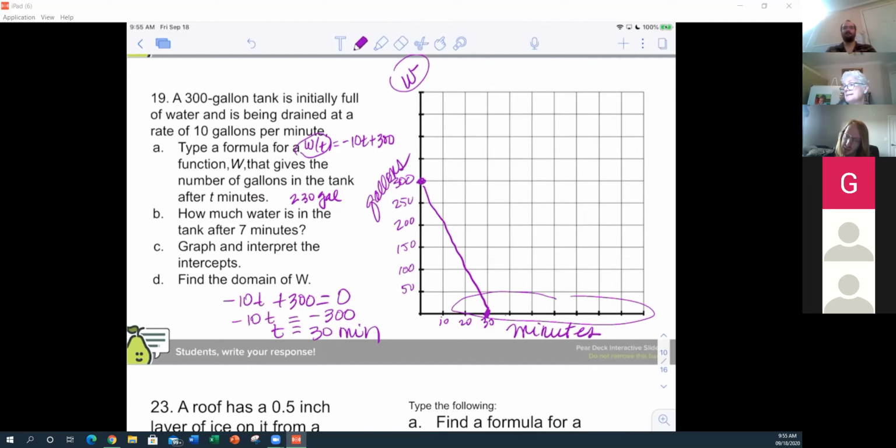How many minutes at the start? 0, right. You've got 300 gallons in the tank at 0 minutes, and then it starts draining. And when does it stop draining? 30 minutes. Yeah, so the domain would be from 0 to 30 minutes.